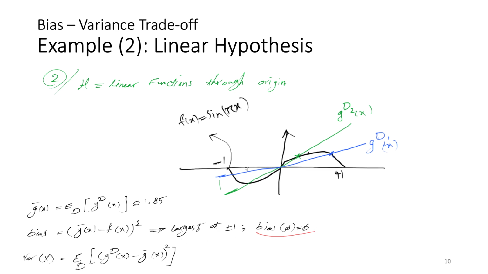So we have a bias of 0 at the origin and maximum biases at the two ends, -1 and +1. Is it clear?